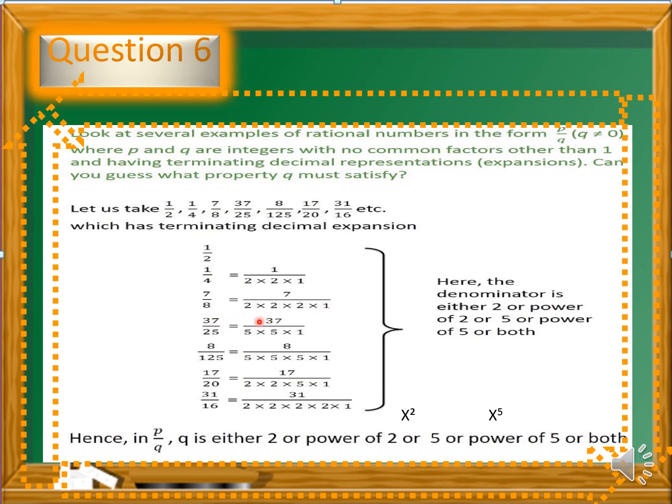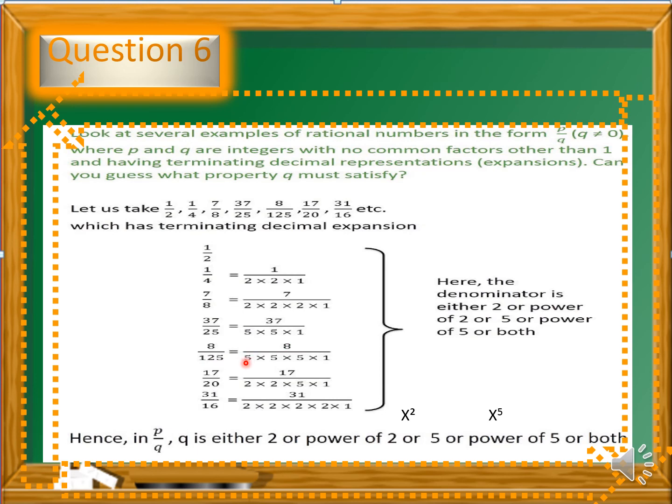3 by 25, the numerator should be the same. The denominator 25 can be separated as 5 into 5 into 1. 5 into 5 is 25, 25 into 1 we get 25. 8 by 125, 8 should remain the same.